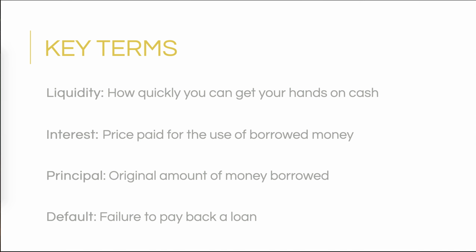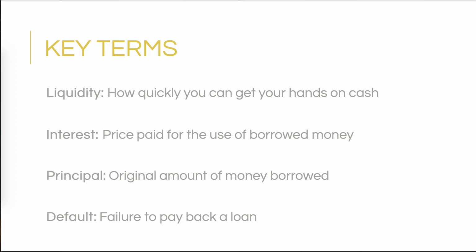All right, so a couple key terms that you're going to need to know. The first is liquidity. Liquidity is how quickly you can get your hands on cash money. If you've ever heard the term liquidate your assets, that's people selling off their assets to get cash. If you have something with high liquidity, you can easily turn that into money.